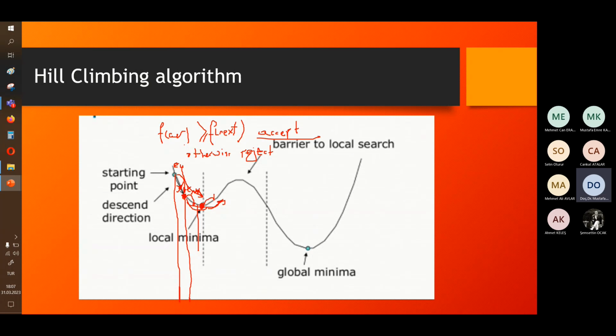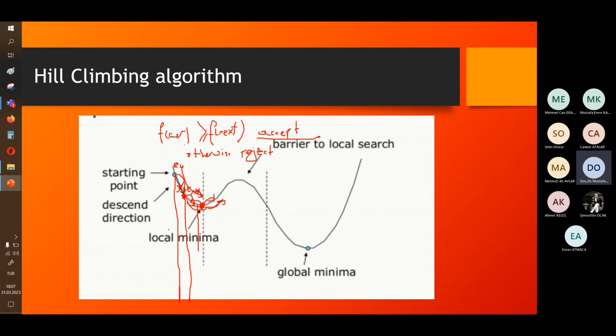Whichever solution we produce within the neighborhood of this solution will always be worse than the current solution. Therefore, we will keep rejecting it. So the algorithm will get stuck in a local minima, and we will not be able to search the remaining parts. Is that clear? Hill climbing is very simple.